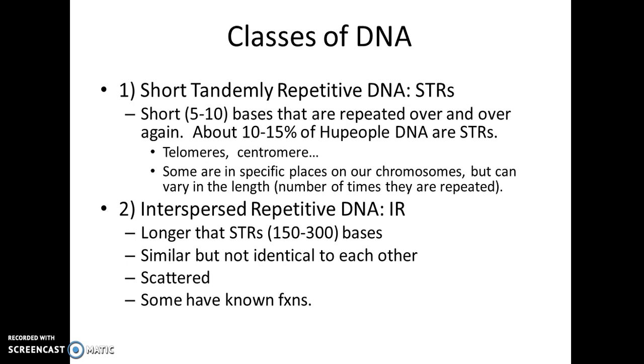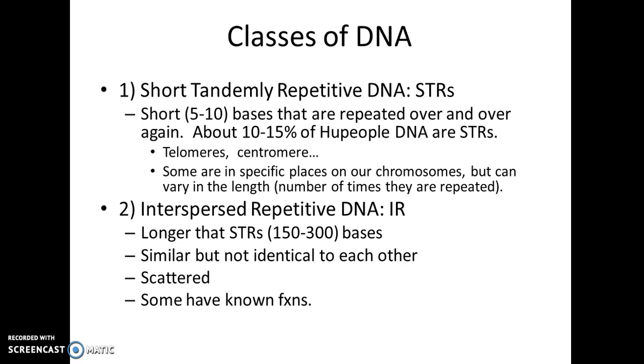These are short, anywhere from 5 to 10 bases long, and they're repeated over and over again. About 10 to 15% of our DNA is STRs: telomeres, centromeres, specific places on chromosomes, but they can vary in length. Keep that in mind because in the next series of videos, we're going to mention this again.